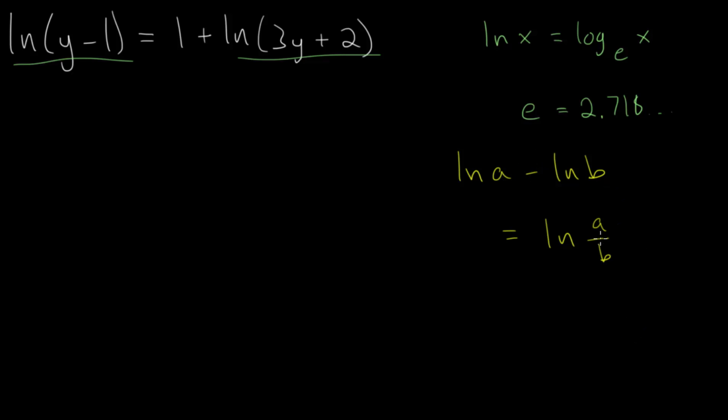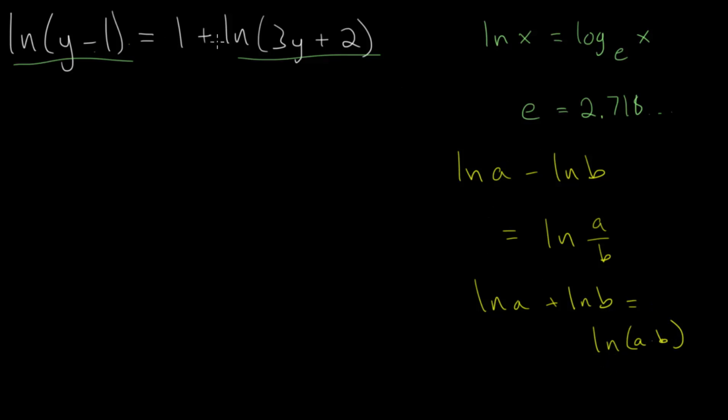So if we have subtraction, then we have a quotient. However, if we have addition, then we end up with a product of a times b, a product of the inputs of each of these logarithms.